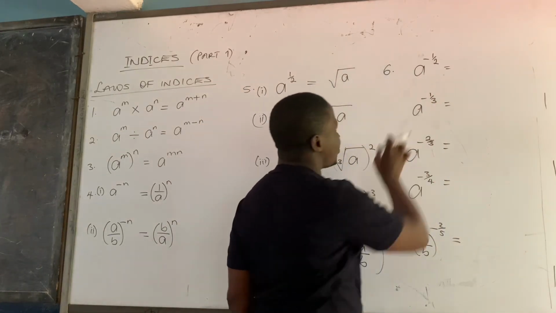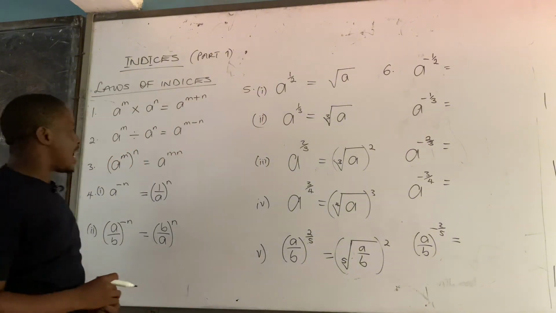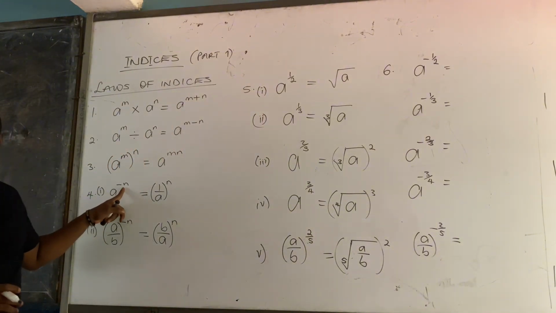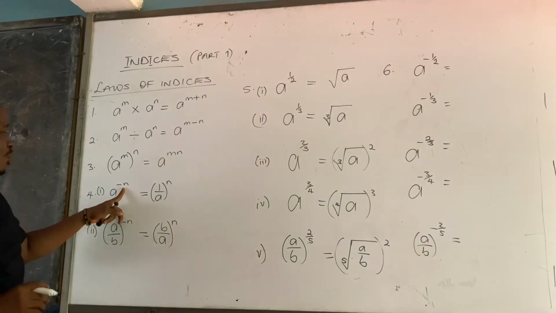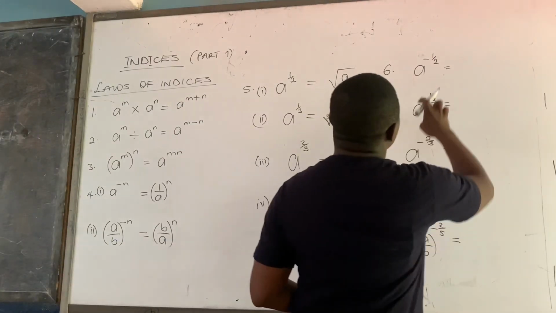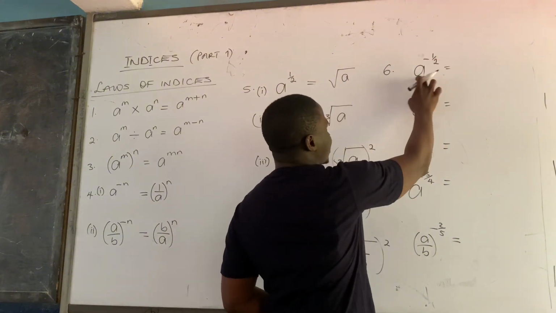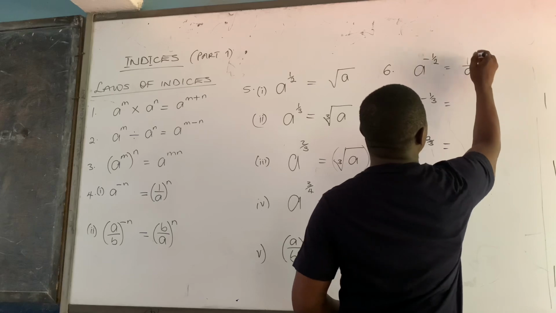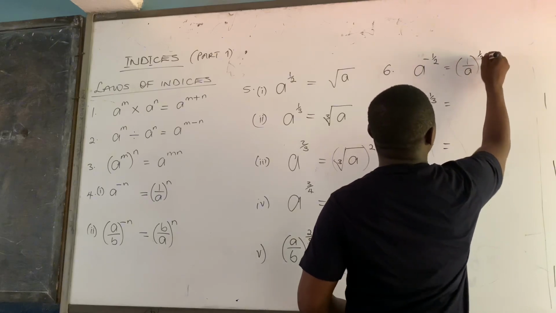With this one, remember, there is a law we have here. If the power is negative, negative power law, what do we do? We consider the inverse of the base. Because the power is negative, we consider the inverse. What is the inverse? 1 upon a raised to half.